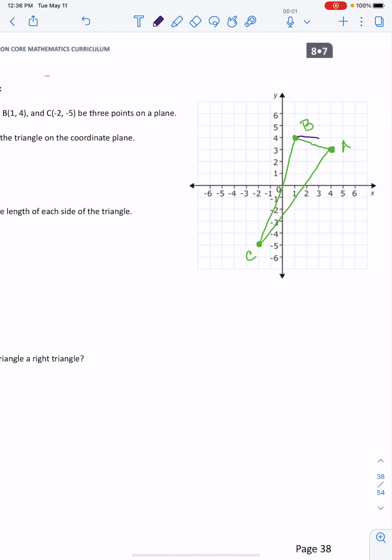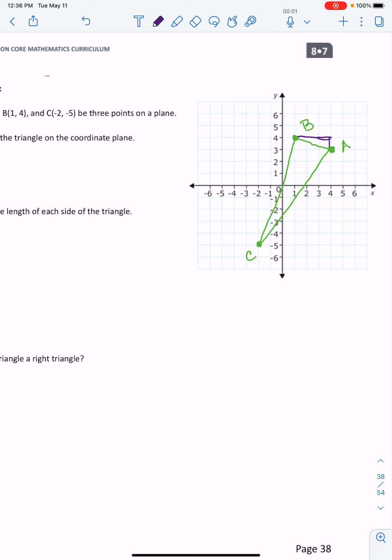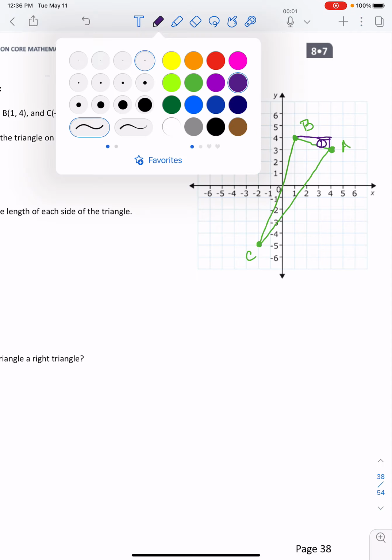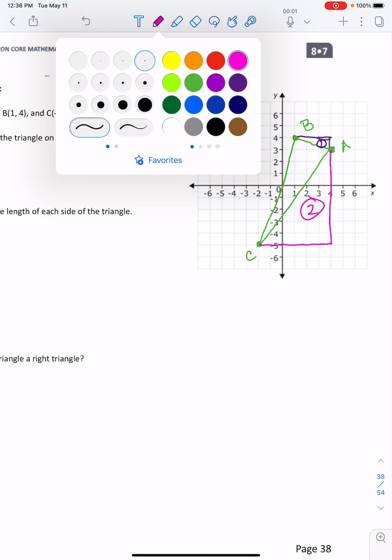So we have to find this triangle here. So that's 1. Then we have to find this one here. That side, and that's 2. And then we have to find the third side.